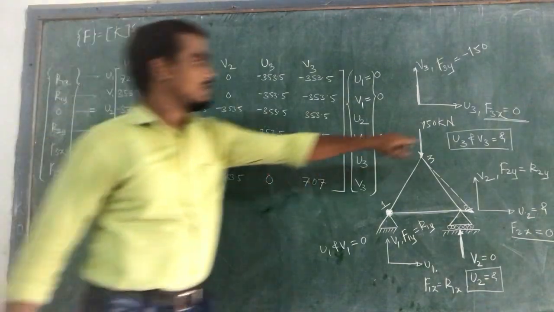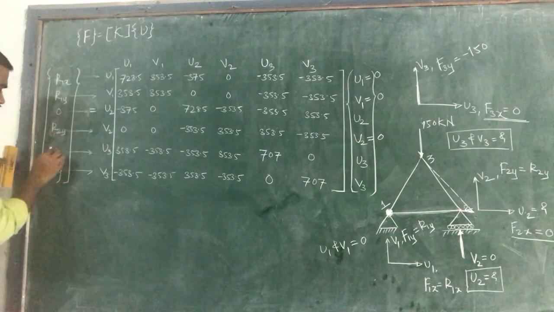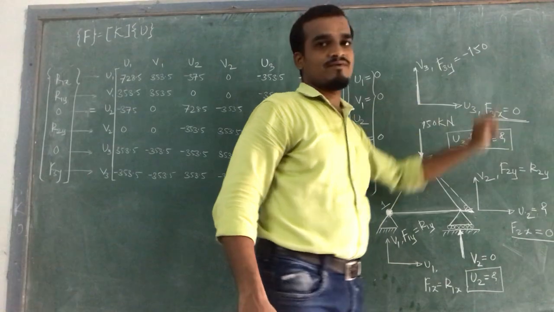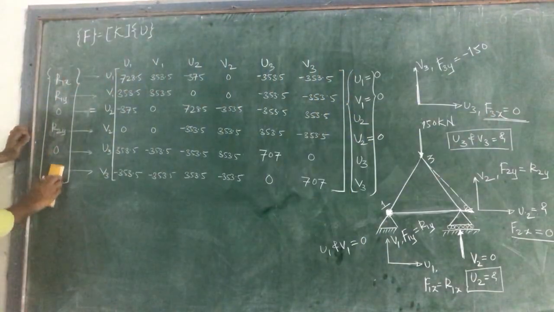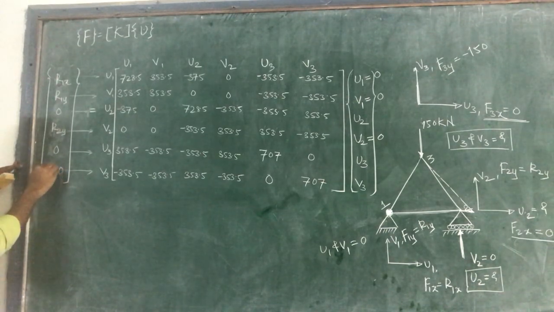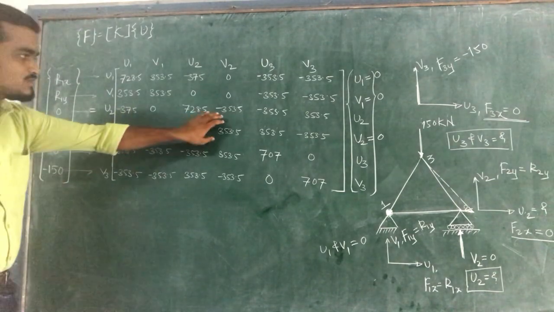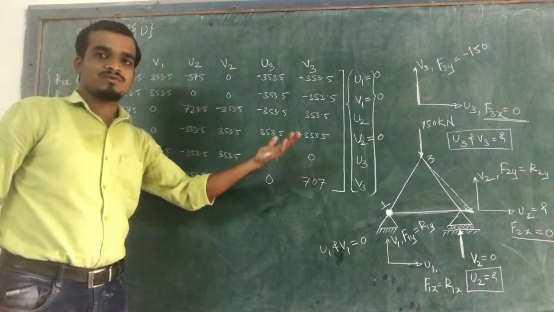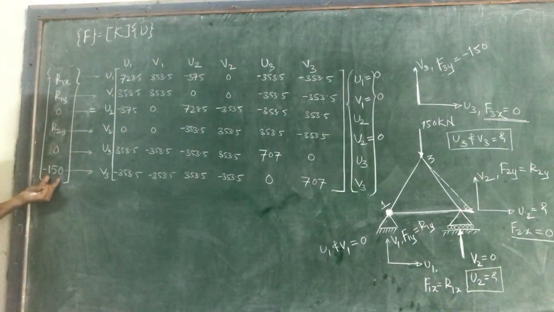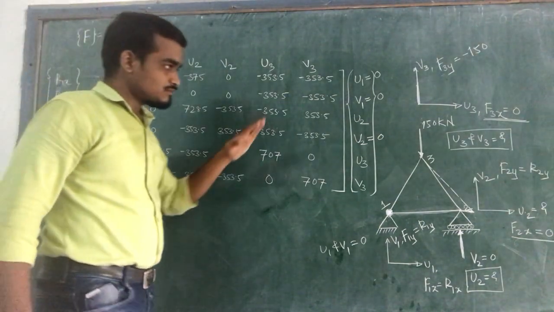Now F3x is equal to 0. Now F3y is equal to minus 150 kilonewton. Okay, as we have taken all these values in kilonewton per mm square or kilonewtons, we need to take this value also in kilonewtons. So 150 kilonewton.